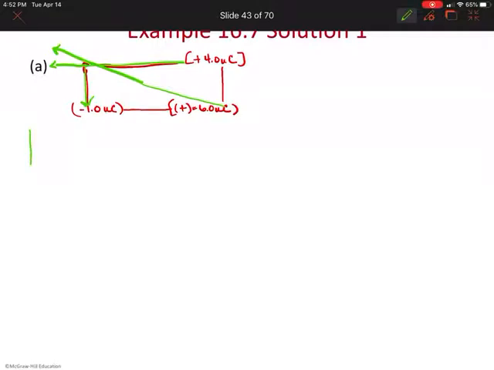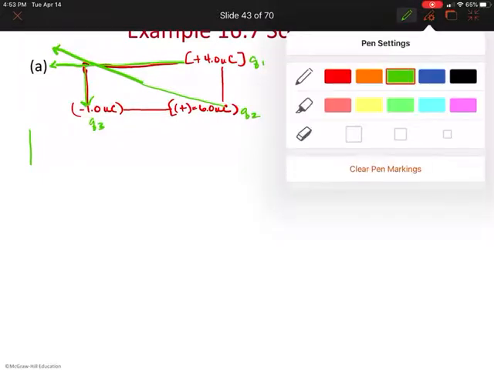If you were going to add them all up, you could do that. So this is Q1. Or no, sorry, I think this one is actually Q3. Yeah, this is Q3, this is Q1, and this is Q2.